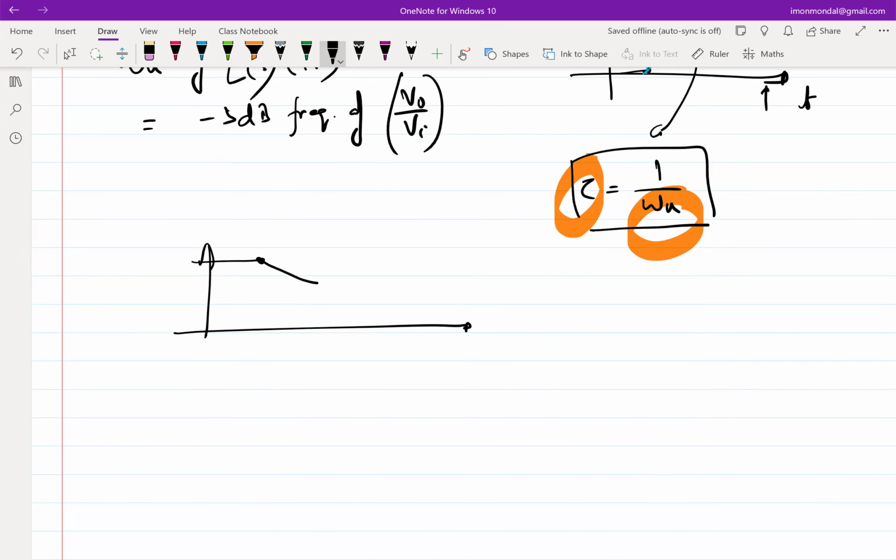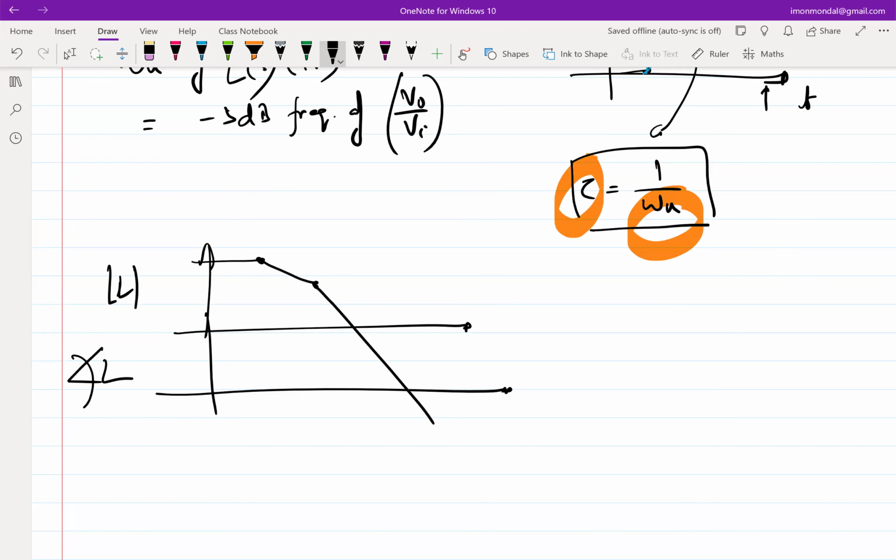Let's say I have one pole here, one pole here. This is mod of L, and this is the angle of L. So it's quite possible that it starts off from 0, hits one pole, goes to minus 45, hits another pole, goes by another 45, and this is 90, another 90.